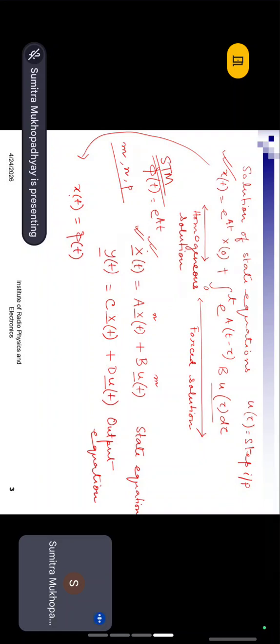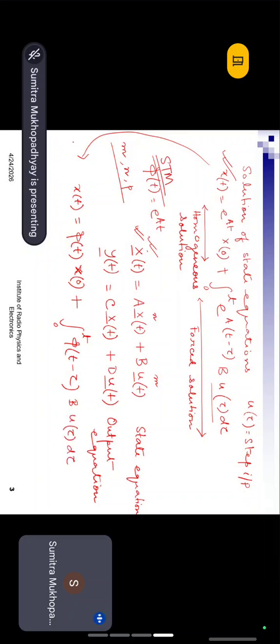So the solution of the state variable is the collective effort of the homogeneous solution added with the forced solution. And here I am writing this in terms of phi of (t minus tau) times u(tau) d tau.